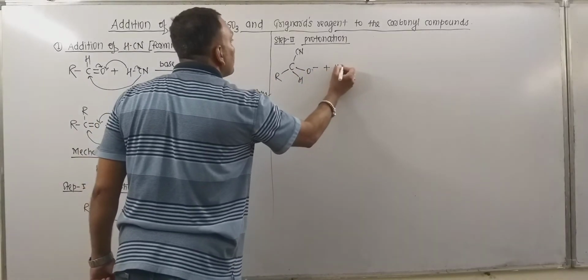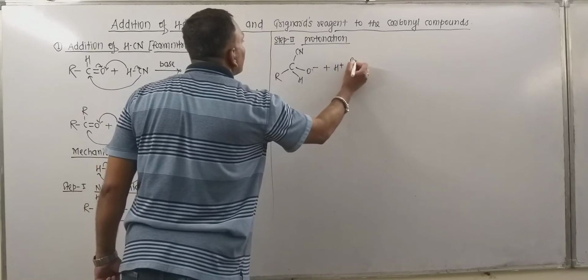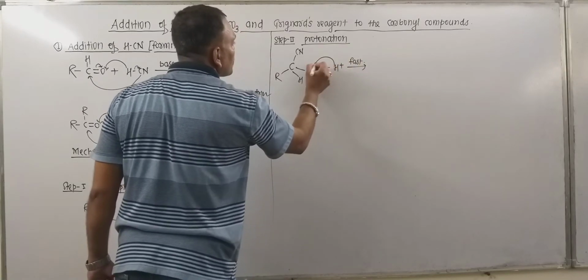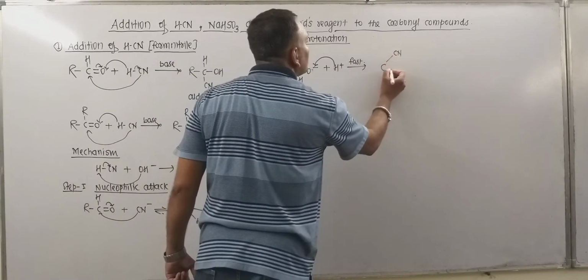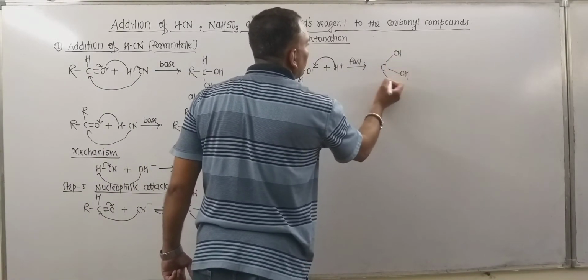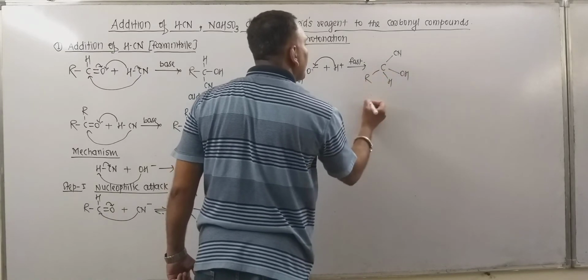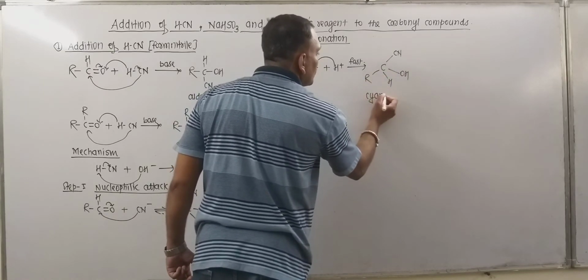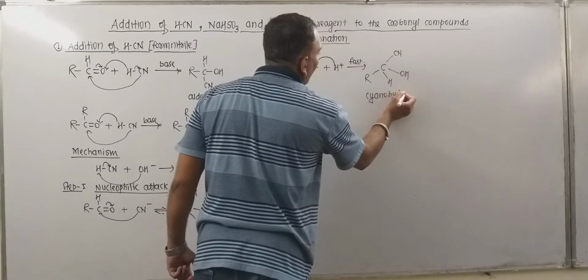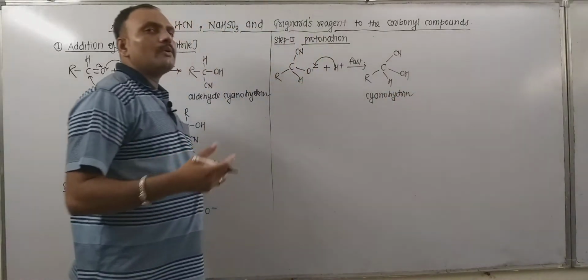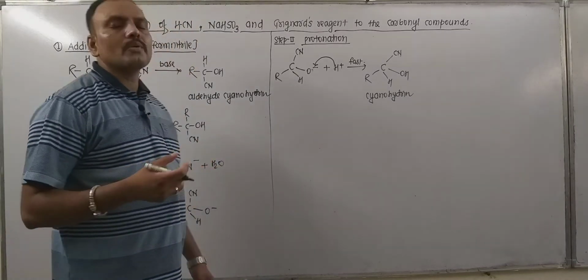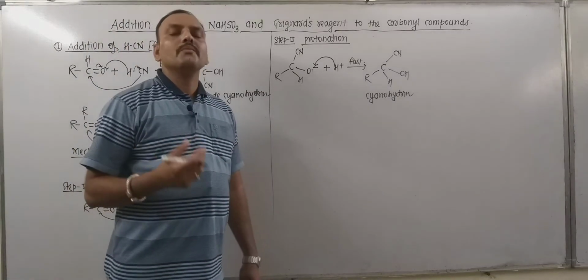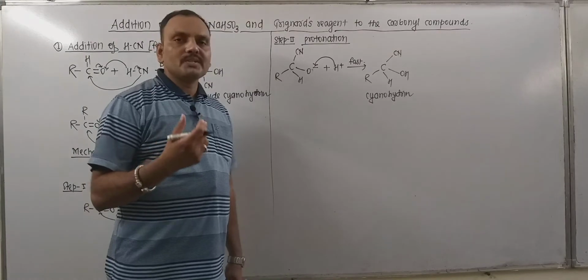So in this step protonation takes place and it is comparatively faster. So upon protonation we may receive the product which may be given as, so this is a cyanohydrin of aldehyde. So ketones do react in a similar manner, thus aldehydes and ketones give corresponding cyanohydrins when treated with what, hydrogen cyanide.